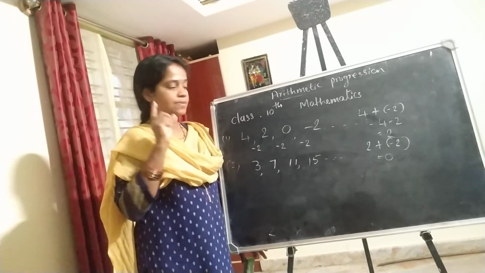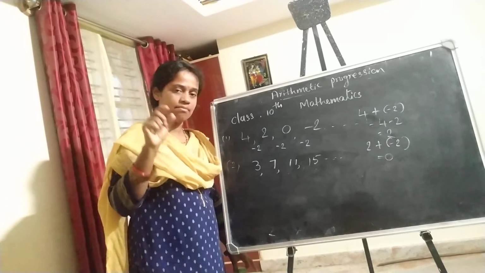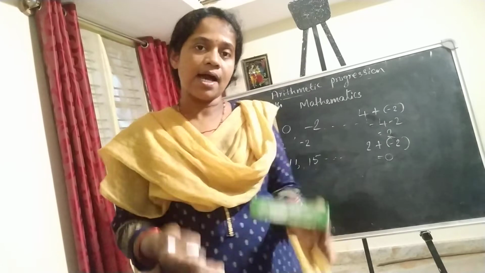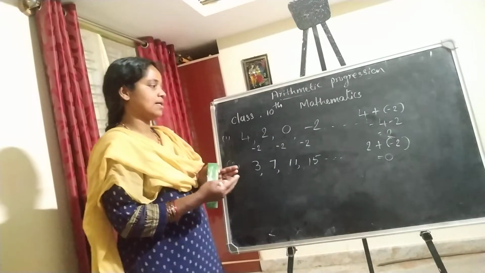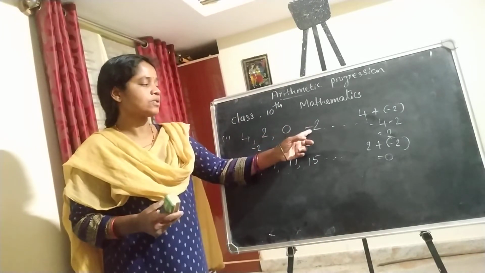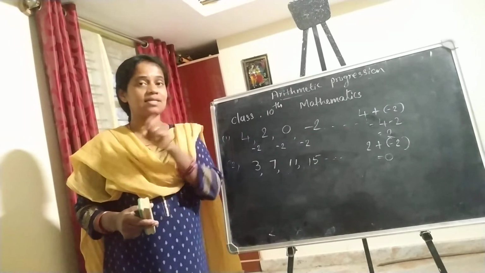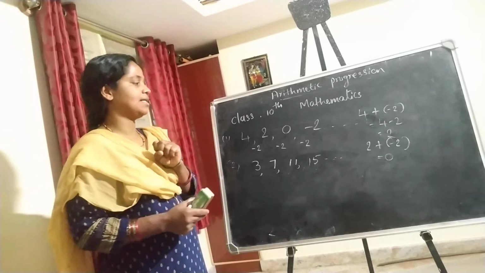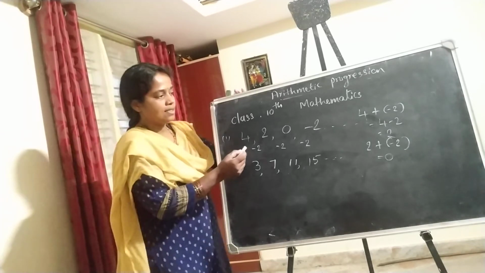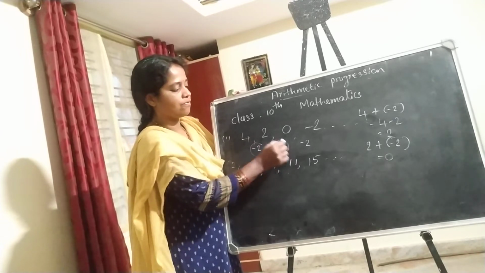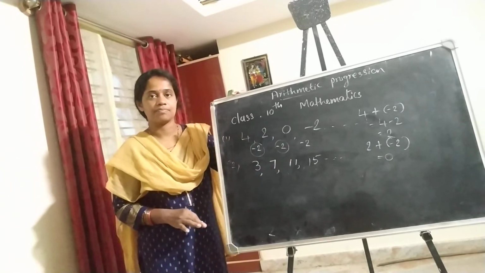So we observe that every time I added minus 2 to the previous term, and hence I got the next term. Minus 2 plus of minus 2: what is the answer? Yes, it is minus 4. So minus 2 is the term that I added to the previous term.